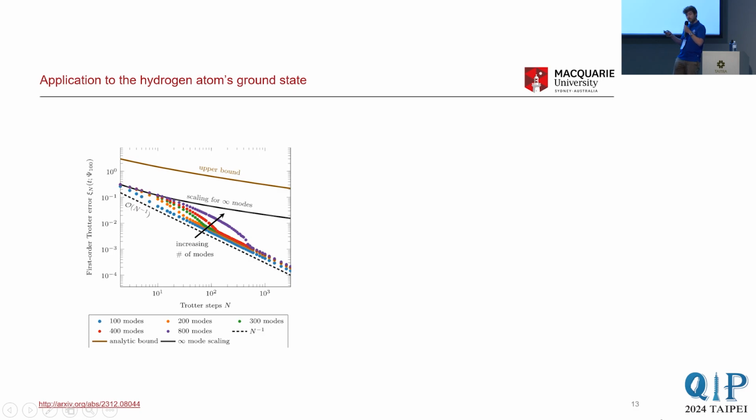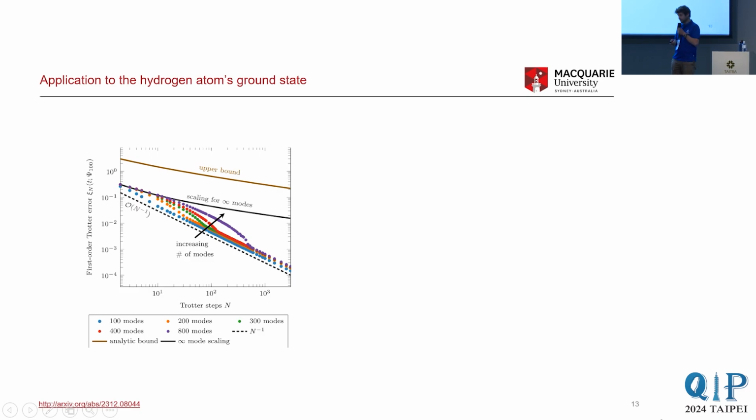But this transition happens later and later the higher and higher truncation dimensions you go. So ultimately, in the limit of infinitely many dimensions, so in the full system limit, where you study the full continuous model that you're actually interested in, the full hydrogen atom, the scaling just stays slower, and this transition to the 1 over n scaling will never happen.